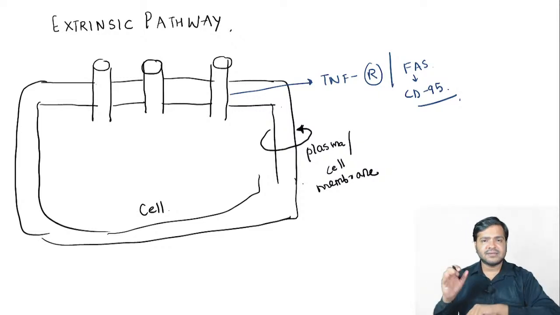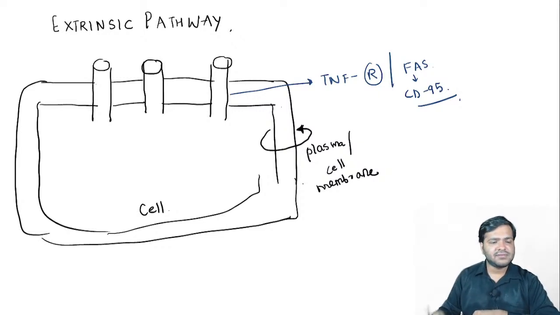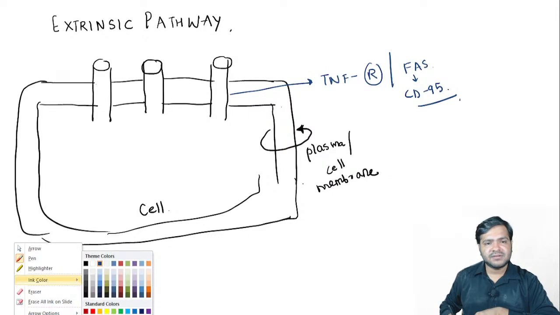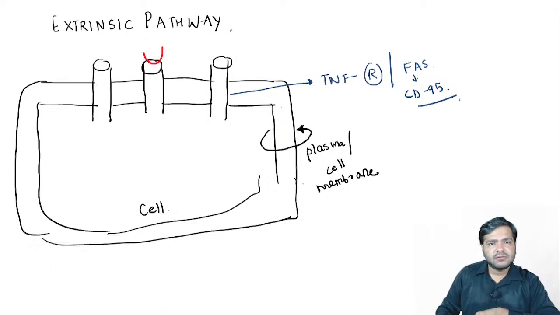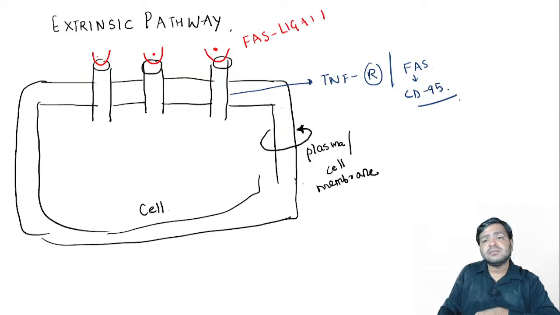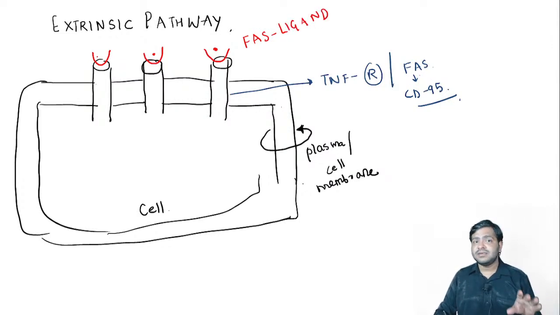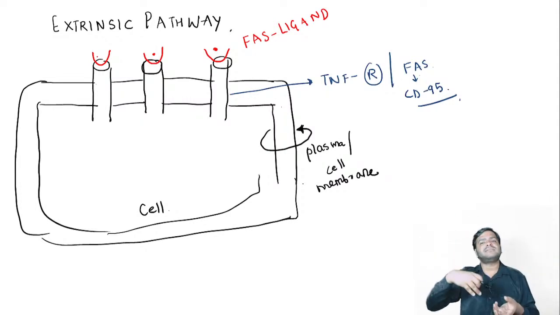And you already know what is the function of a receptor: to perceive something, hormones or other chemicals. So what happens? There is something which comes and binds to these receptors, and this is called the Fas ligand. Again, clearing the term: the Fas receptor is this thing, and the Fas ligand is something which will come and bind to this Fas receptor.